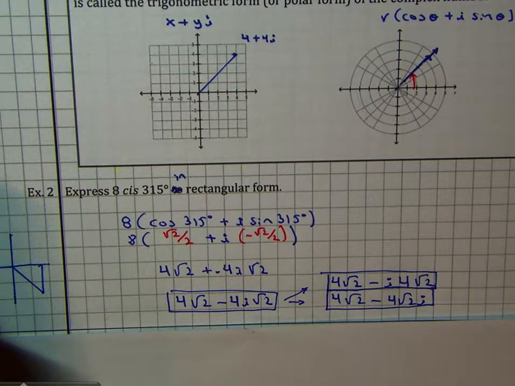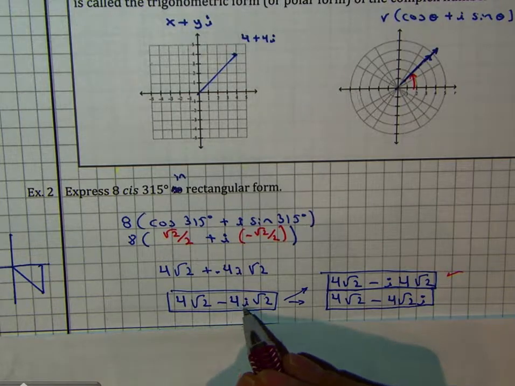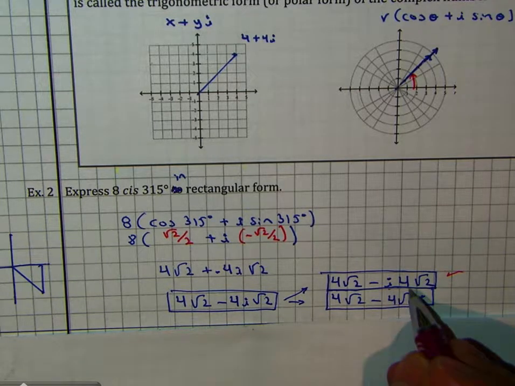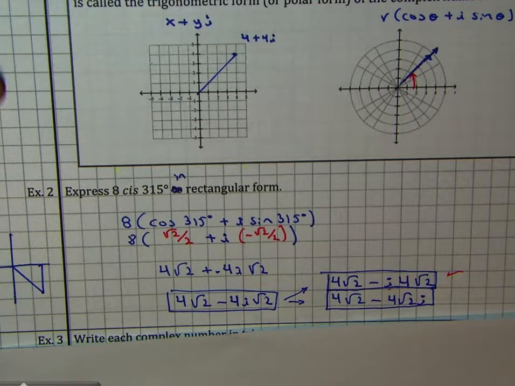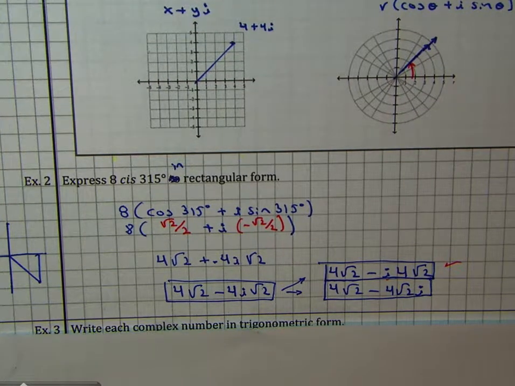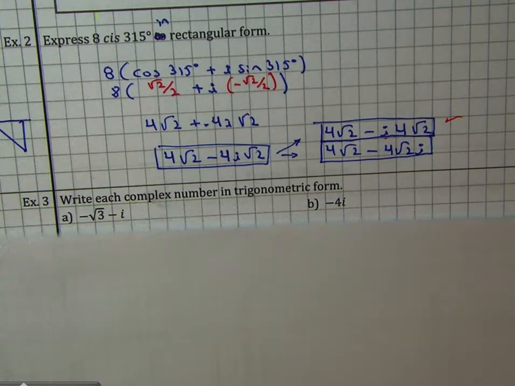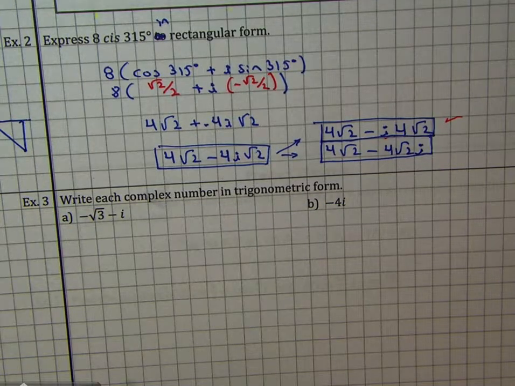In this section, most likely you'll see it as this one here. But each one is perfectly okay, since all three of them are multiplying: the negative 4, the i, and the square root of 2. They can be in any location, in any order according to, which property is that? The associative property of multiplication.